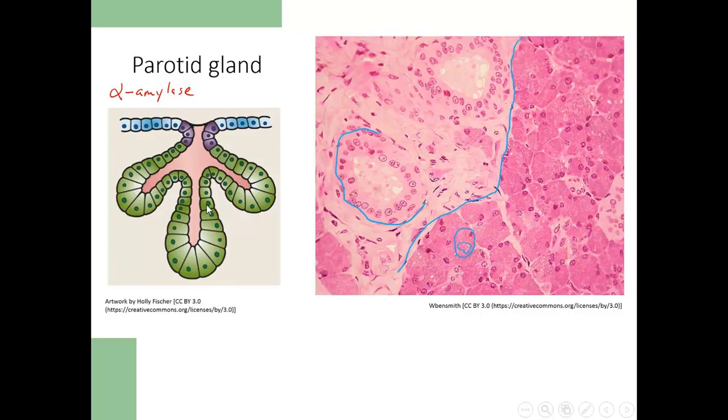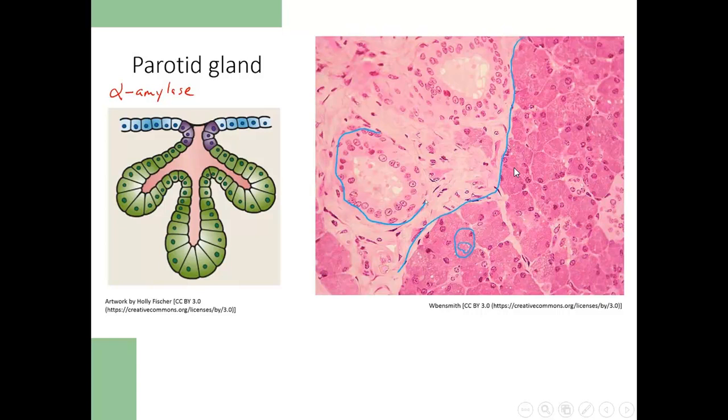So if we look here, this is a gland. For example, this is a parotid gland. You can see this part in green is composed of cells, a group of cells, which secrete saliva. Saliva will go through here to reach the surface. Okay, this is a gland.